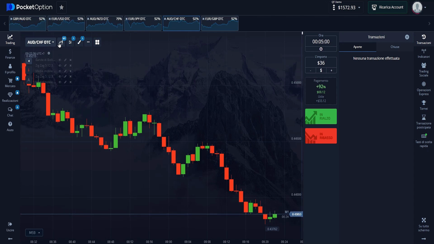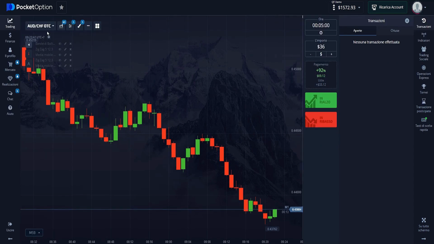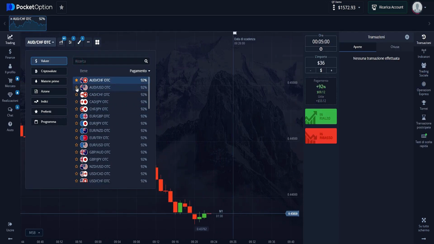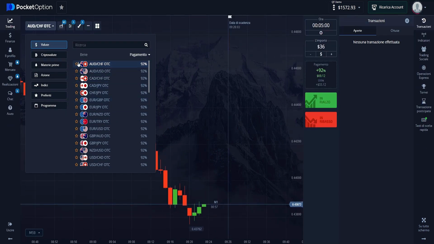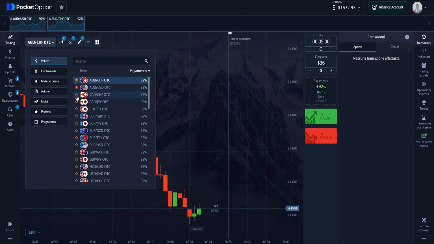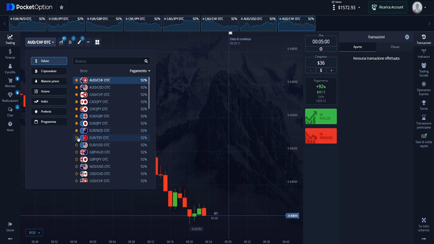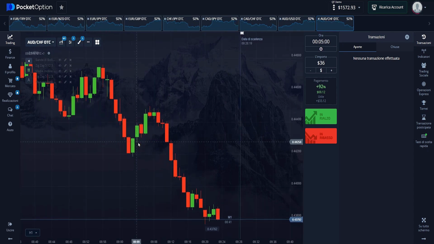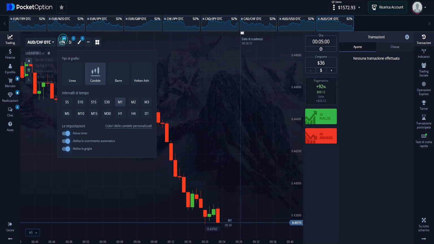We choose currency pairs that have a good payout. Japanese candlestick chart.